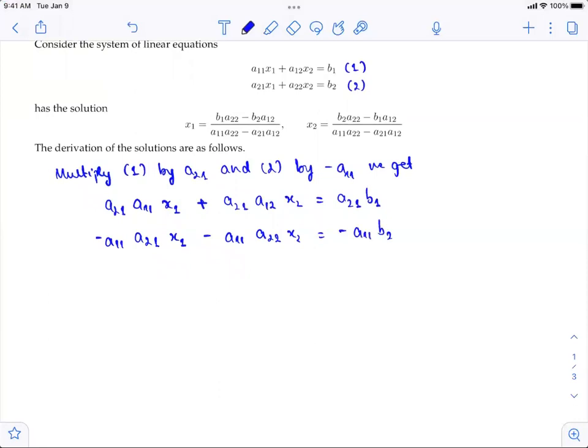So we obtain two equivalent equations from the first and second equations. The next step is to add these two equations together to get rid of the variable x1.